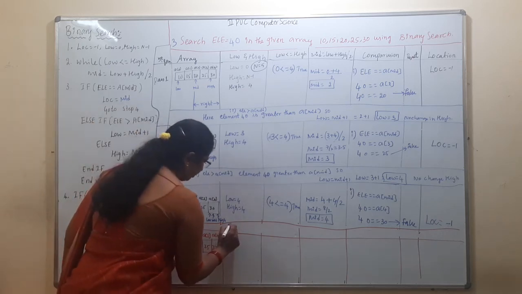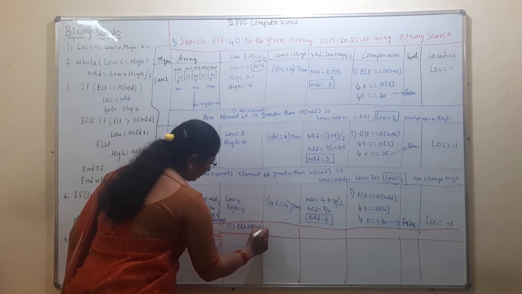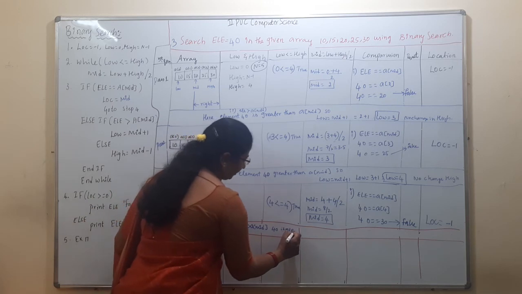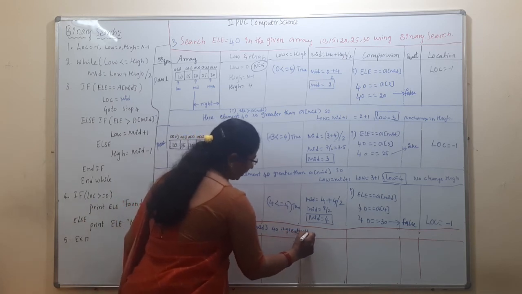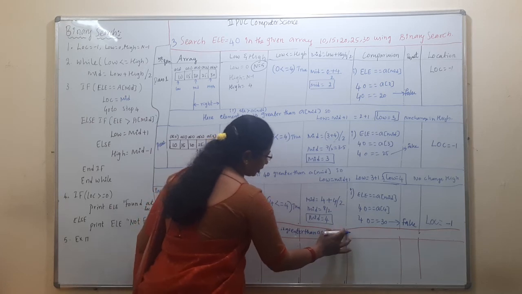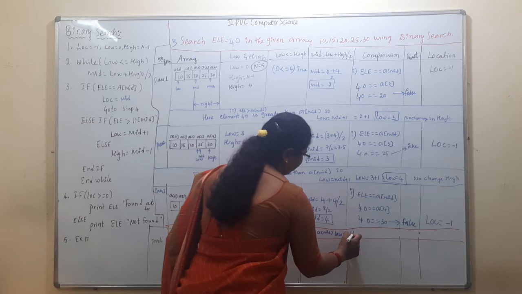So condition 2, element is greater than the A of mid. What is the element? 40 is greater than A of mid. So change the low pointer equal to mid plus 1.